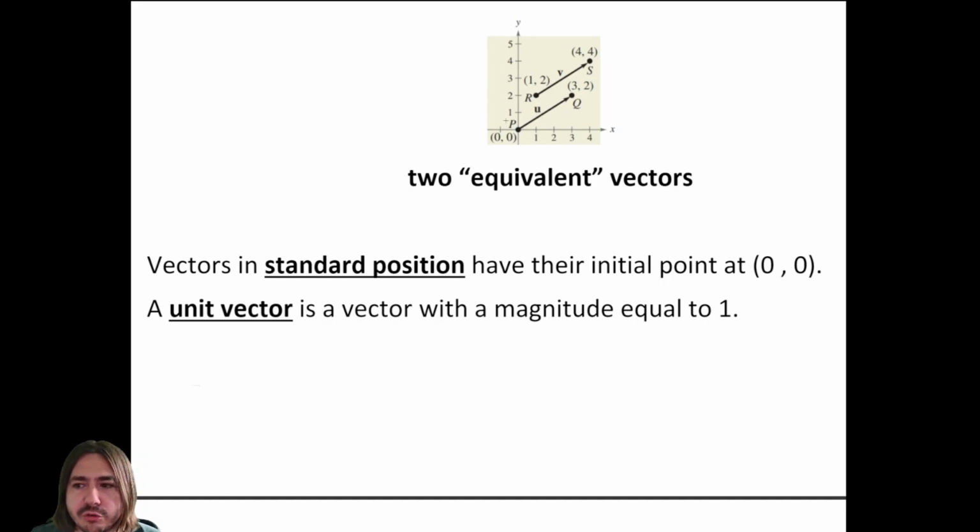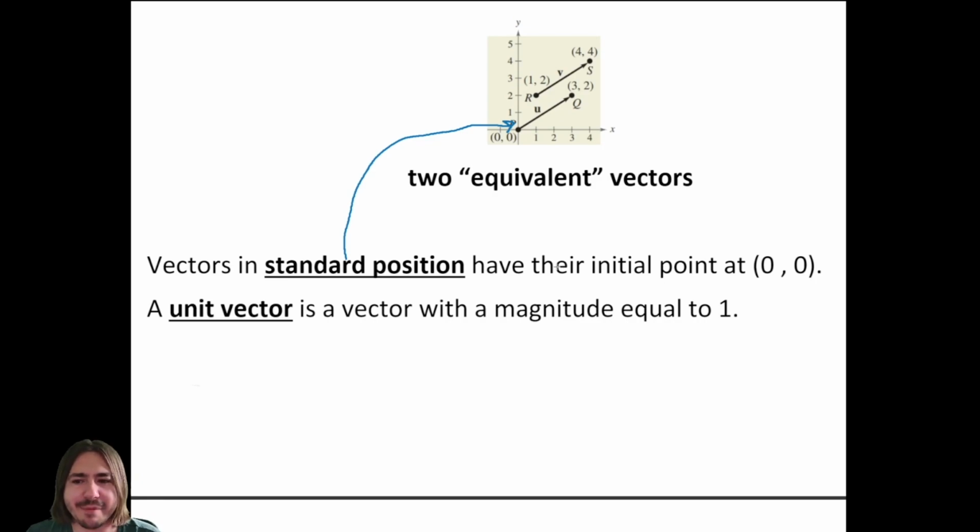So PQ, for instance, is in standard position, but RS is not. If we put RS in standard position and move the initial point back to 0, 0, but maintain the magnitude or length and the direction, it would end up terminating at the same point as Q. So this directed line segment can be put right on top of this one, and we consider those equivalent.